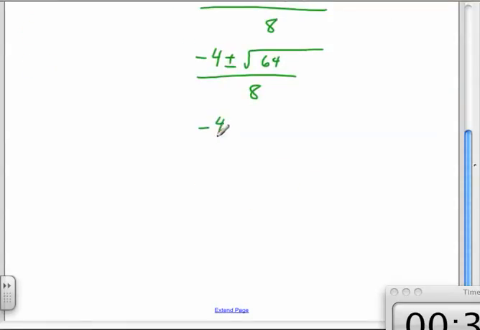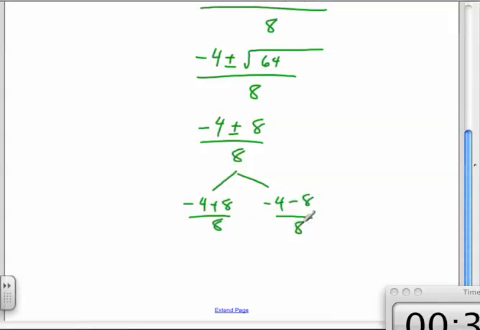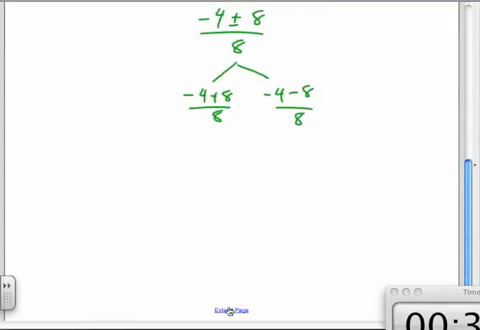Okay, negative 4 plus or minus 8 over 8. Now I'm going to separate them. I'm going to get negative 4 plus 8 over 8 and negative 4 minus 8 over 8. This one is going to give me 4 over 8, which is 1/2. And then this one is going to give me negative 12 over 8.